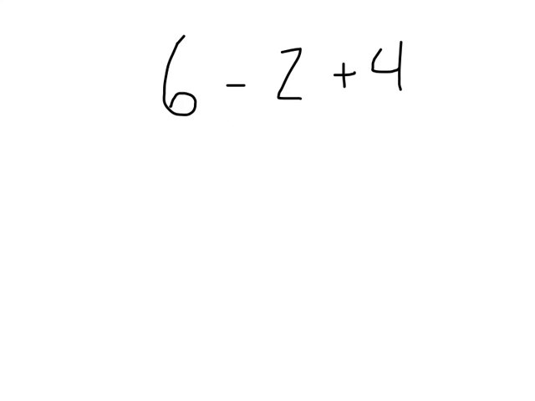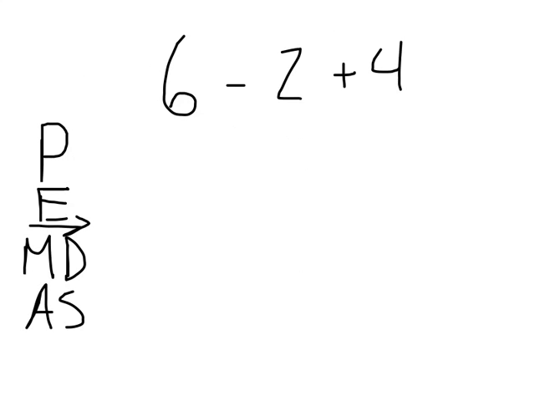Let's look at another example. 6 minus 2 plus 4. Remember, we're going to write down our problem, and then we're going to write down P, E, M, D, A, S. Make sure that's down on your notes. Remember, your notes should look exactly like the computer screen. Now, I can solve the problem.